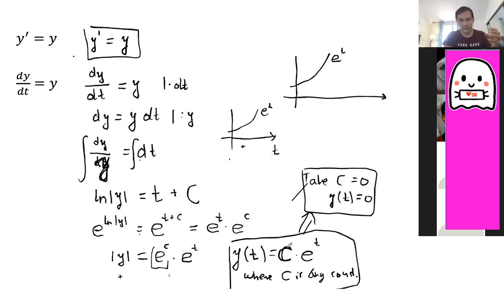Take this constant c to be maybe 2. So how does the function look when c is 2? So this is 1, and then we have the level 2 here. When c is 2, this is another function that looks like this, and that's the function 2 times the exponential function e to the t. This is also a solution. Take this constant c to be 3.